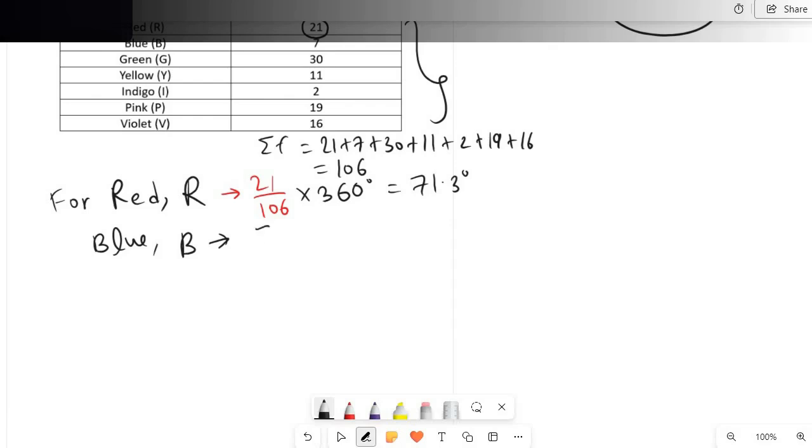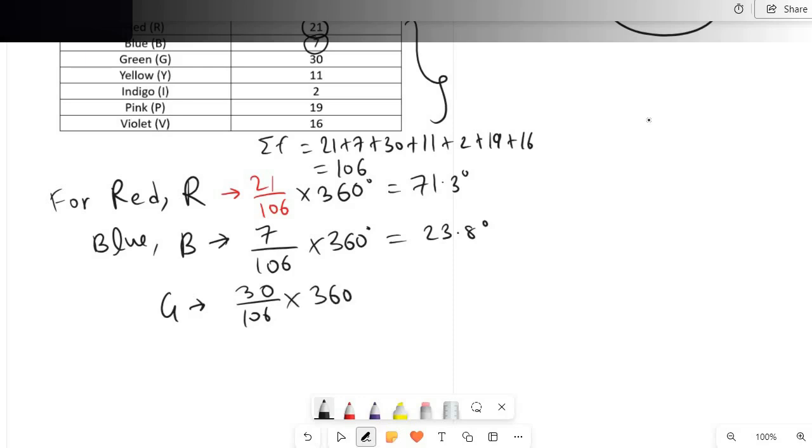Similarly, if we repeat this for the rest of the data, blue or B has a frequency of 7, as you can see, and the total is 106. So converting that to degrees, we get a value of 23.8 degrees. For green, it's going to be 30 divided by 106 multiplied with 360 degrees, which gives us a value of 101.9 degrees.